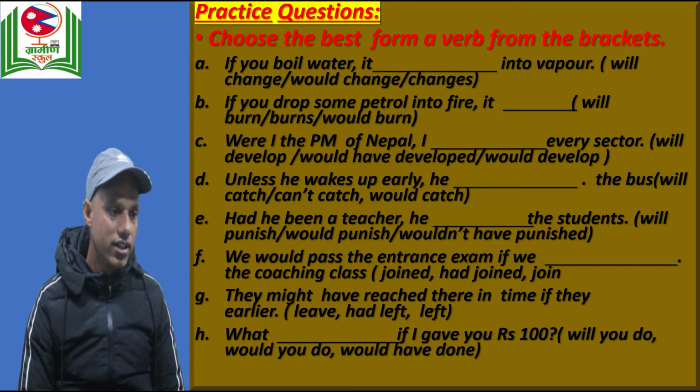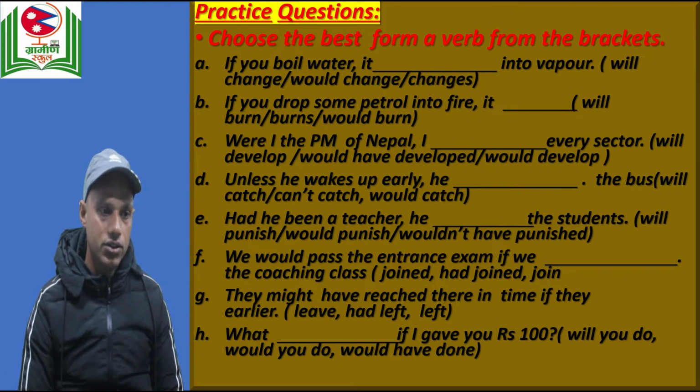Yes, you are right, the right option is would develop, the last option. Because here we have the if clause in simple past tense. It begins with were, W-E-R-E, and was, were also indicate simple past tense. So if the if clause is in simple past tense, the main clause will be would, should, could, might plus verb 1 form.